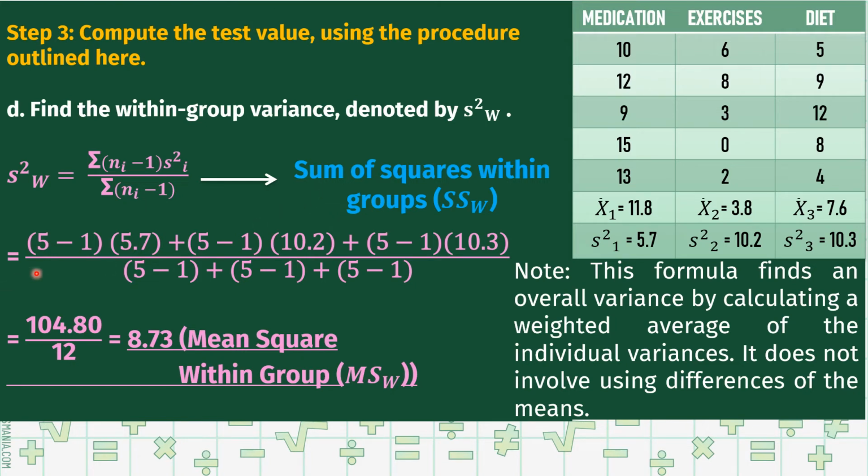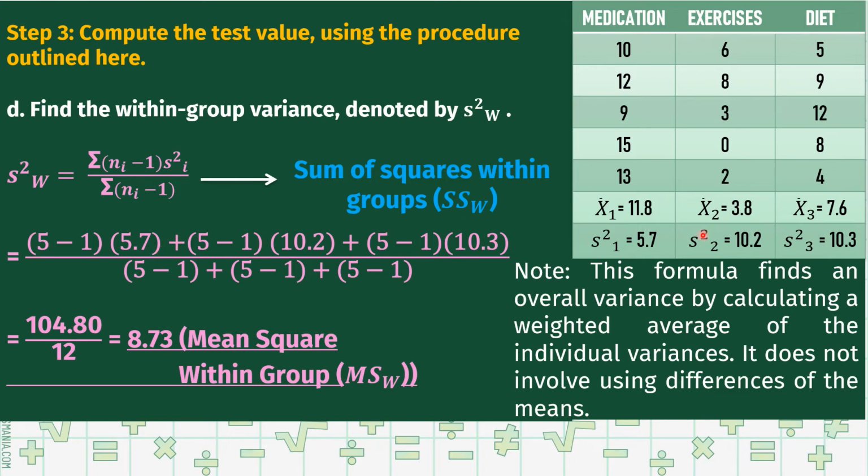And by substituting, we have 5 minus 1. The 5 here came from the number of individuals or samples in the first group. Same with the second group and the third group.